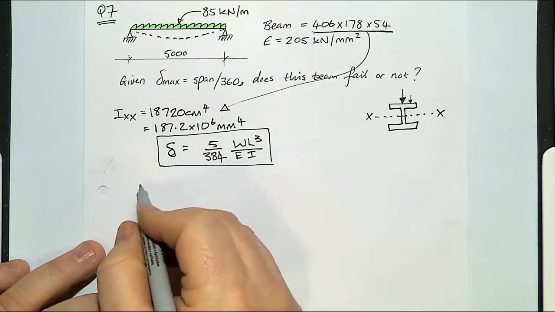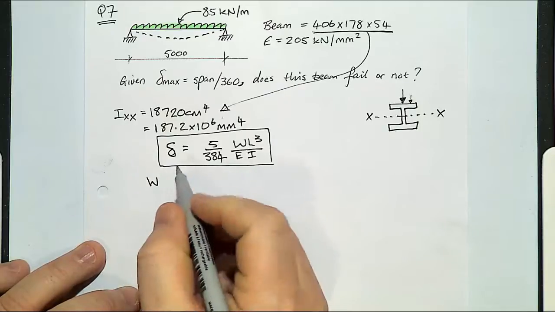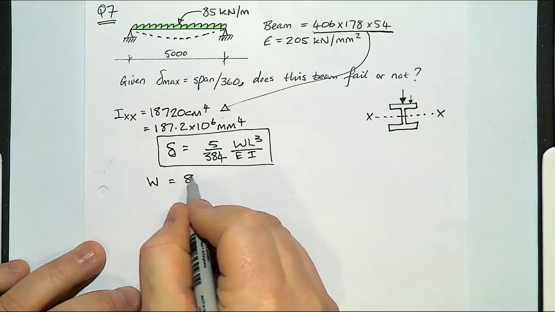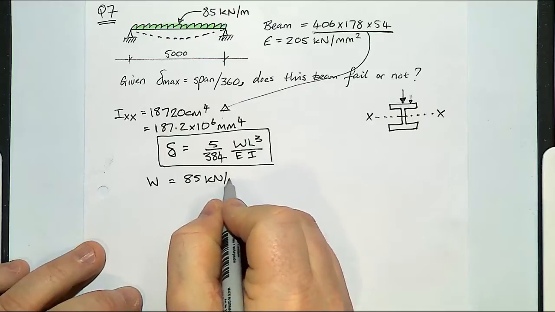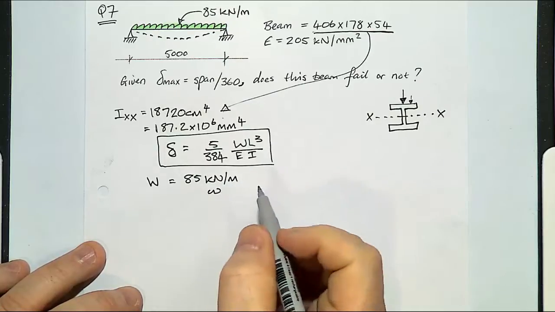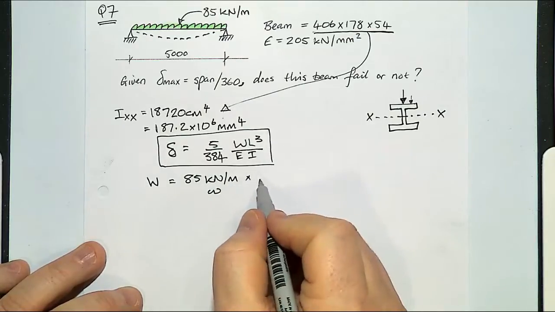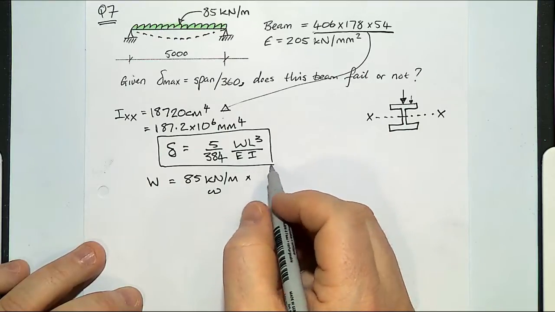We've got our W, which is 85 kilonewtons per metre, so that's our UDL, multiplied by our L, which is 5 metres.